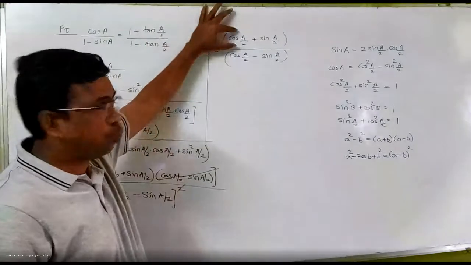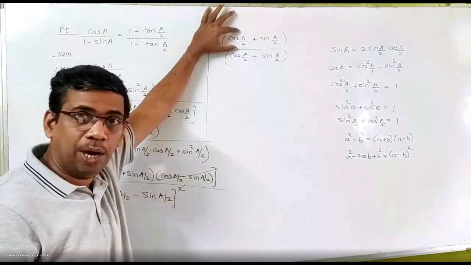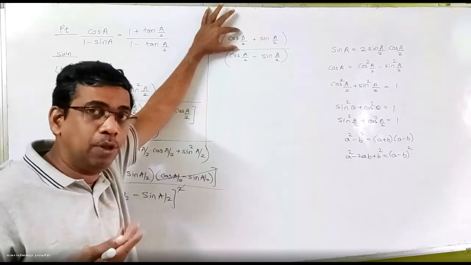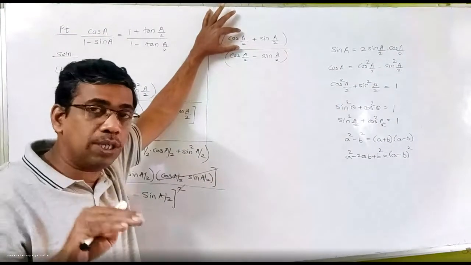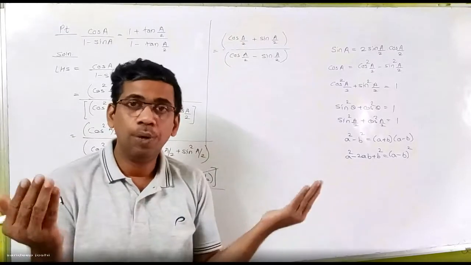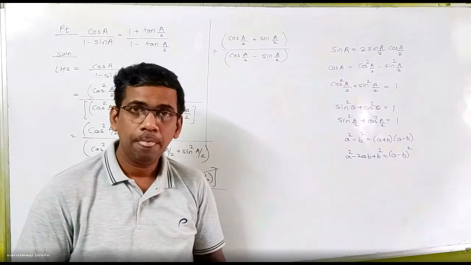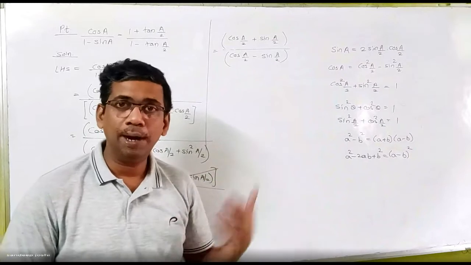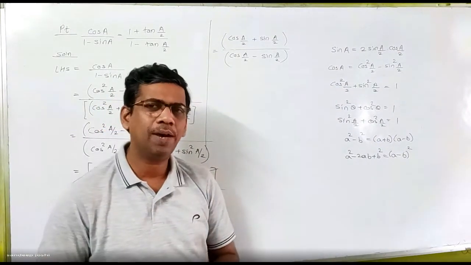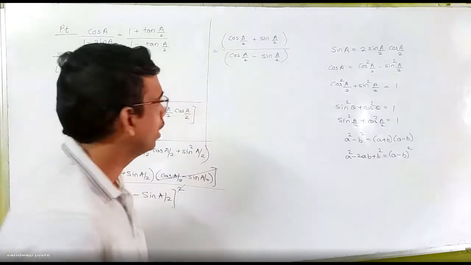Can anyone let me know how to obtain 1 from cos A by 2? That's common sense, sir. Divided by the same term, we can have the answer as 1. And when we require tan A by 2 and we are writing it as sin A by 2, no problem. Divide again by cos A by 2. We will be having the same answer.